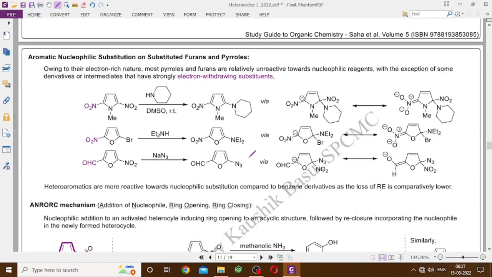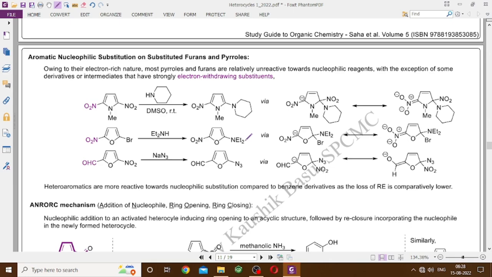These being the electron-rich pi-excessive heterocycles, most furan and pyrrole derivatives are unreactive towards nucleophilic reagents. They are very reactive towards electrophiles, but they don't like to react with nucleophilic reagents for obvious reasons. However, there are exceptions.